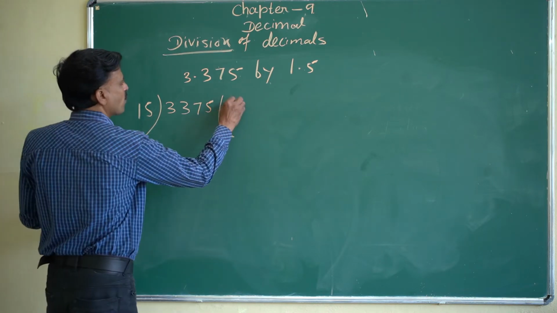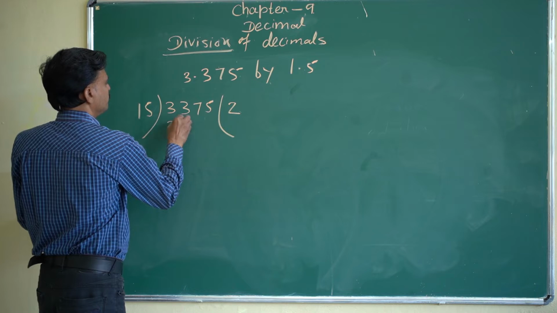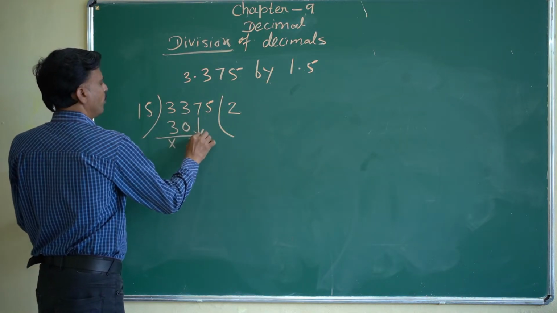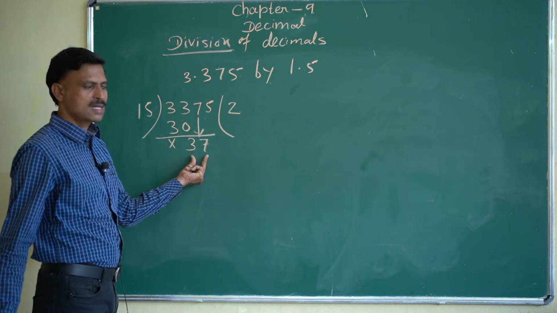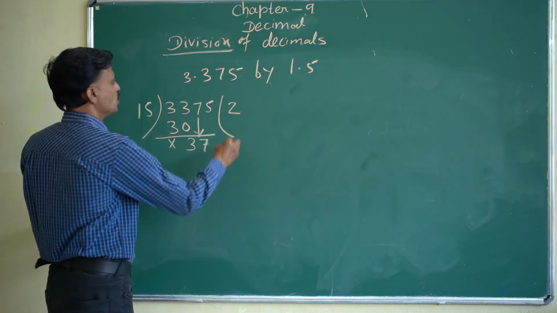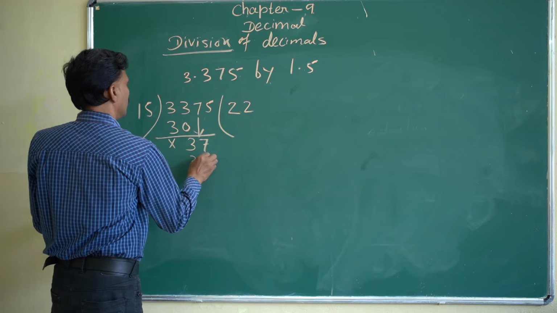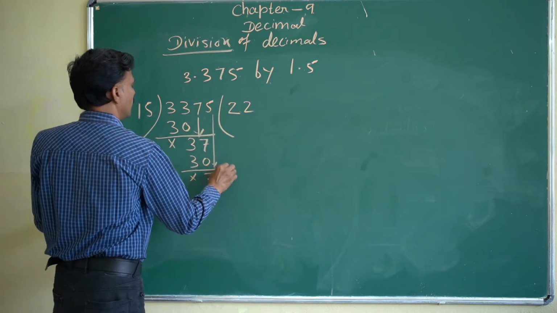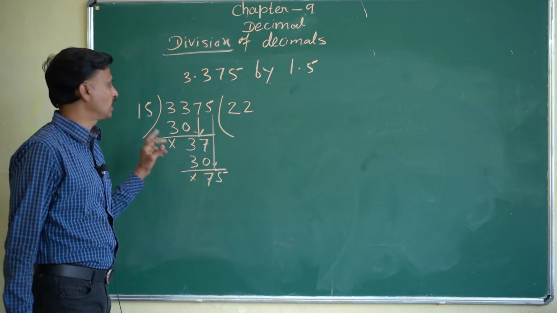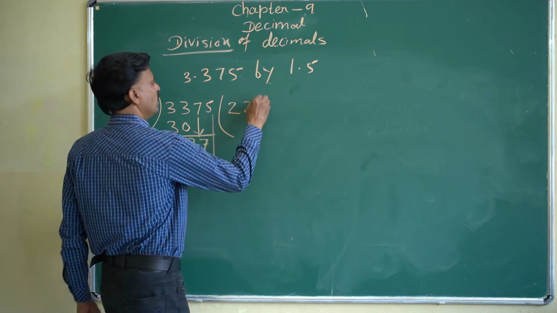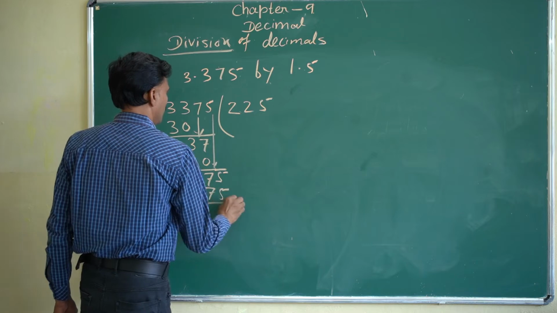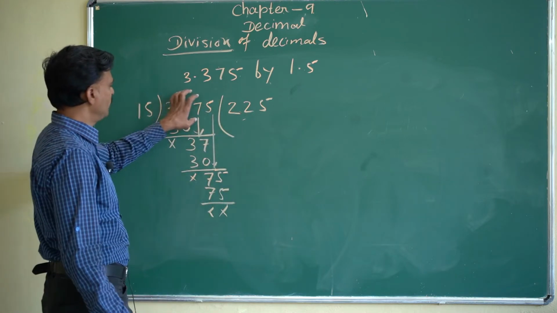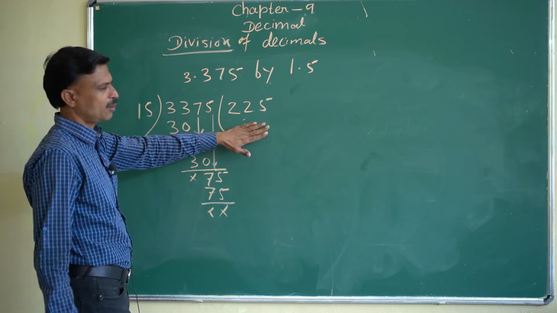It will divide 2 times, 30. So 3 remains, and it will be crossed. Now we copy down 7 here. 37. Again it will divide 2 times, 30, so 7 remains. Now we copy down 5 here. Now the 15 table everybody knows, 15 fives are 75. So it is divisible, and the division of this number by 15 gives 225.